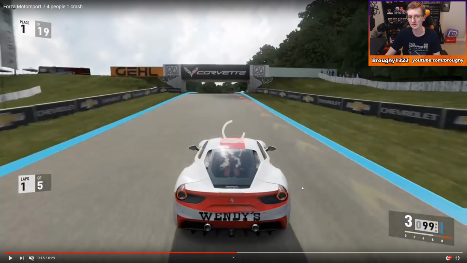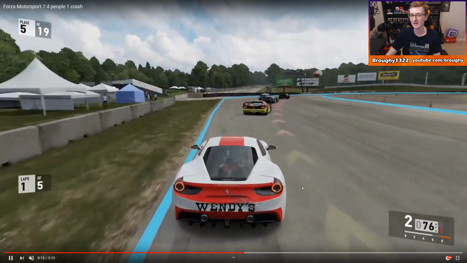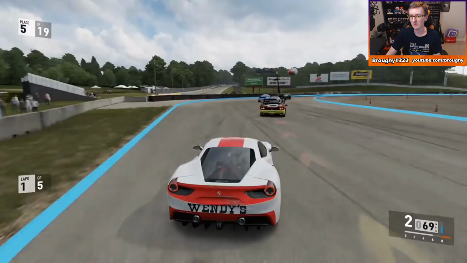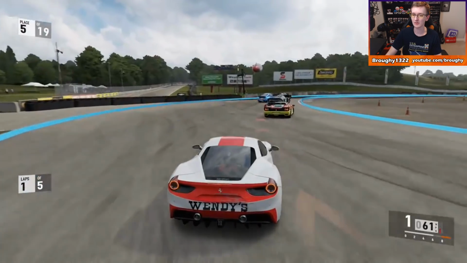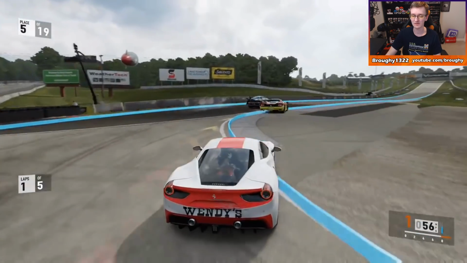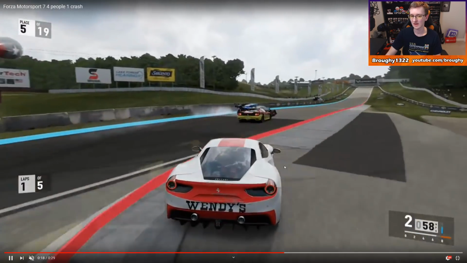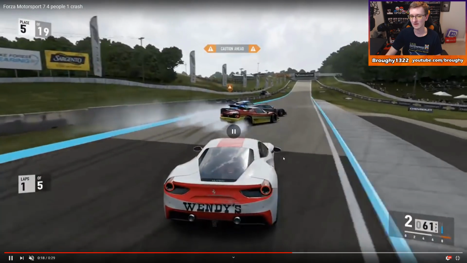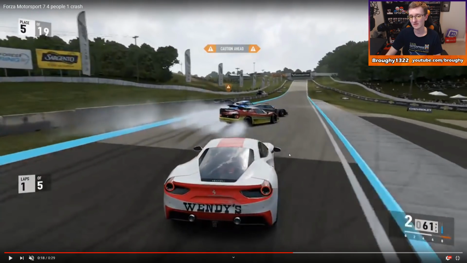4 people all going into a corner in slightly different ways. They have a little bit of a coming together because one is slower than another. One doesn't realise it, then the next person doesn't realise it, and so on and so forth. I think it's just one of those messes that it's a racing incident.